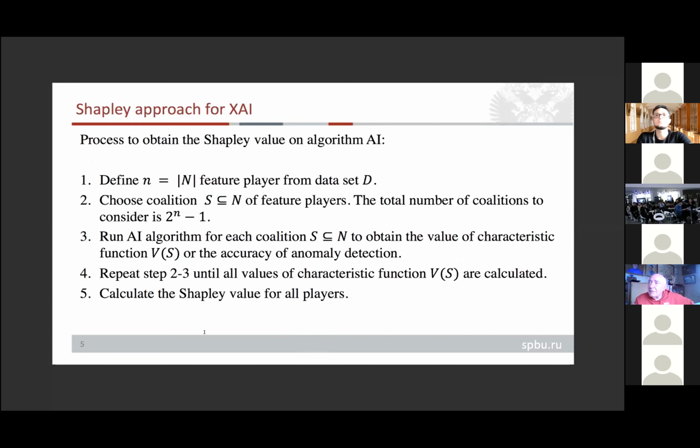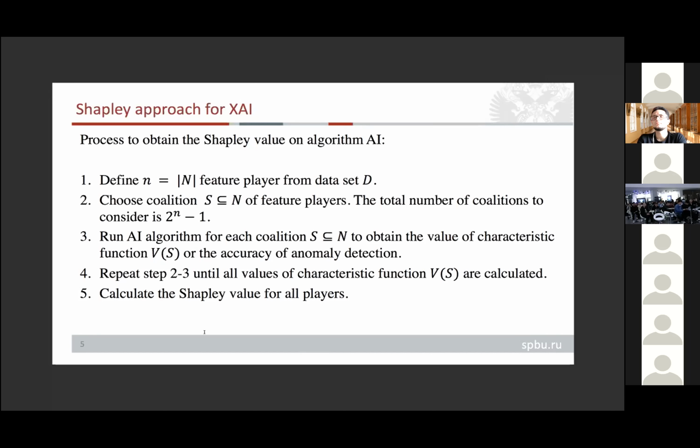And this is the process to obtain the Shapley value on an AI algorithm. In the first step, we need to define players. Usually in AI, the input data consists of several features, and in this case, we consider the features as players. Then we need to generate all the possible coalitions.